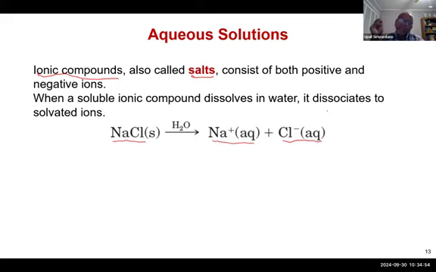When the ions break up, they produce what we call aqueous ions. Sodium ion is aqueous. Chloride ion is aqueous. That AQ means now in a water solution. This solid means it's solid, with chloride and sodium ions in a solid together.